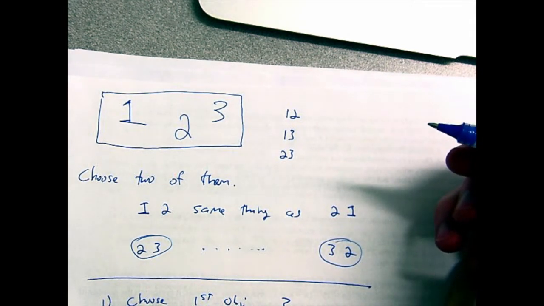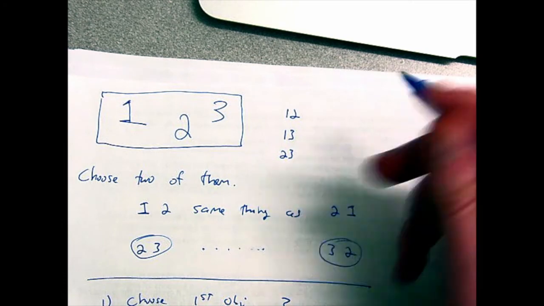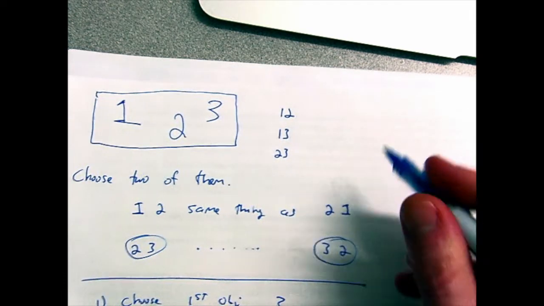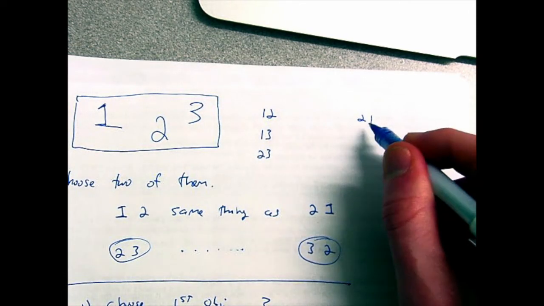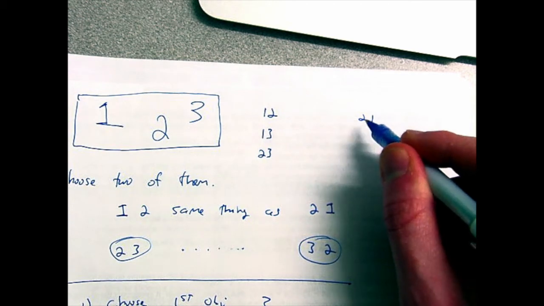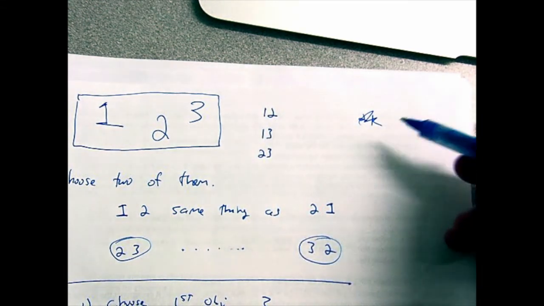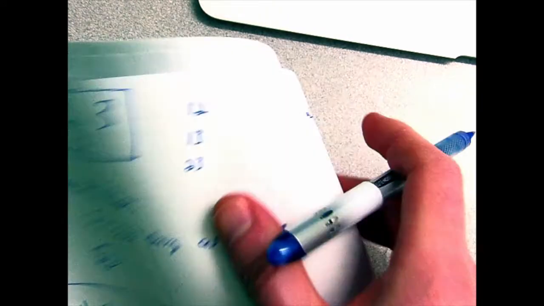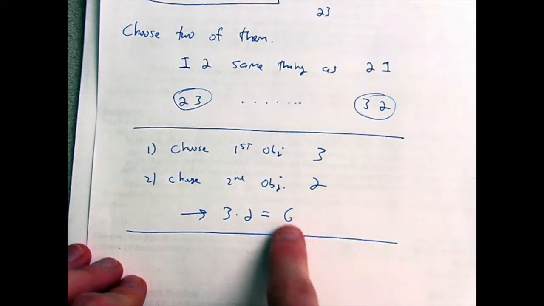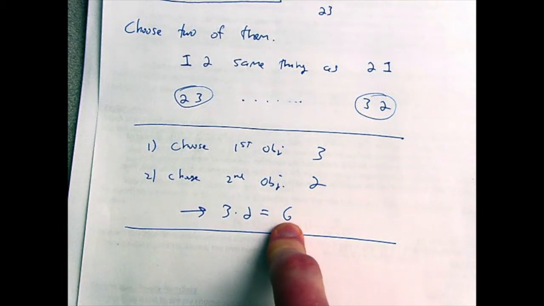Any other combination of 2 objects is already accounted for. You could say, oh, well, what about 2, 1? But remember, I'm regarding 2, 1 as the same thing as 1, 2. I don't care about the order, right? So there are actually only 3 possibilities. This algorithm overcounts the number of possibilities by a factor of 2. It's twice the correct number.